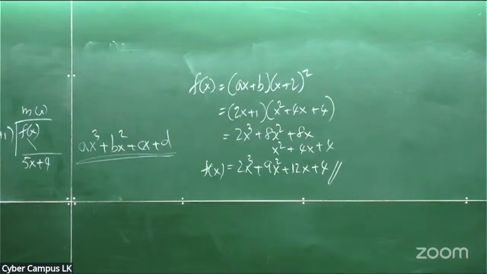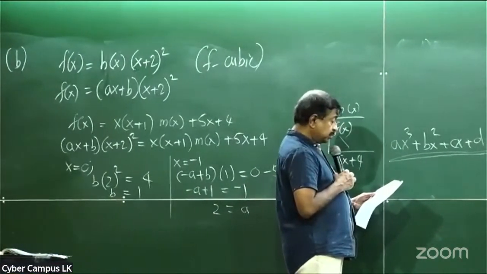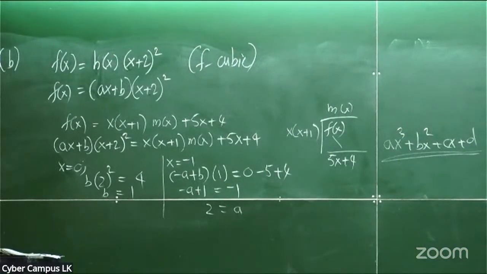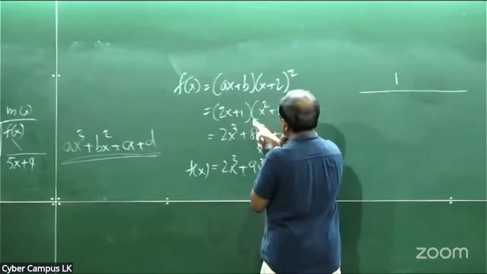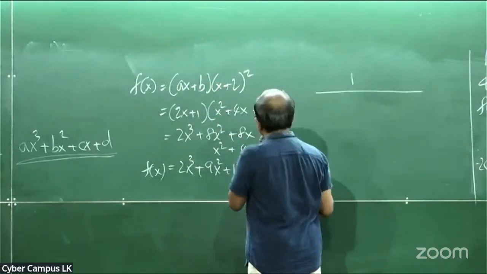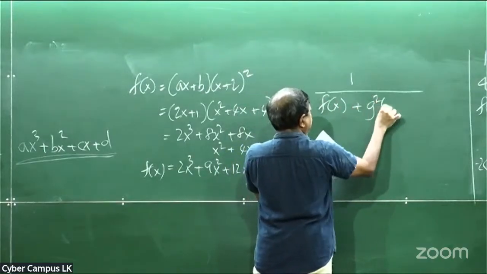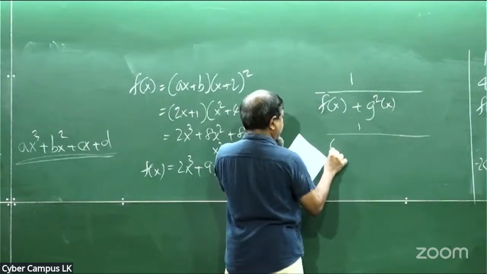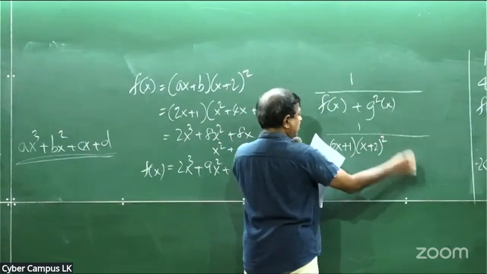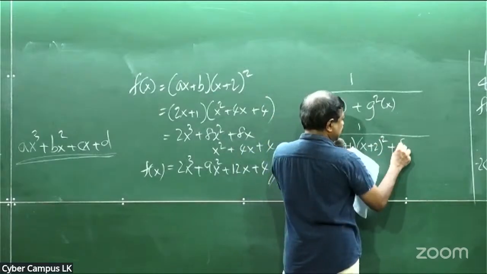Now if gx is x times x plus 2, obtain the partial fractions of 1 over 2x plus 1 times x plus 2 quantity squared. Now don't write it like this. Do it in this way. This is x times x plus 2.